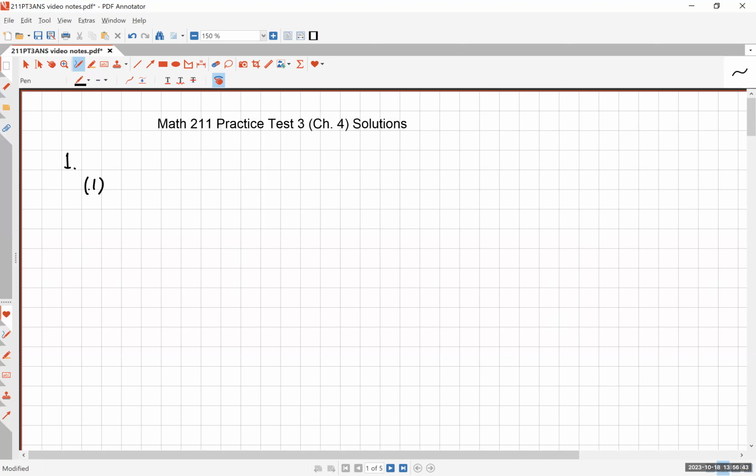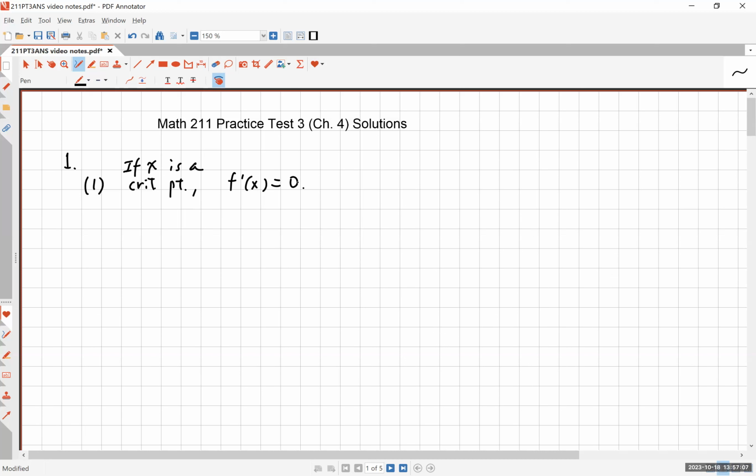All right, so question number 1, part 1 says, at any critical point of the function, the derivative must be 0. So it says any critical point. Let's say if x is a critical point, it says the derivative at x must be equal to 0.